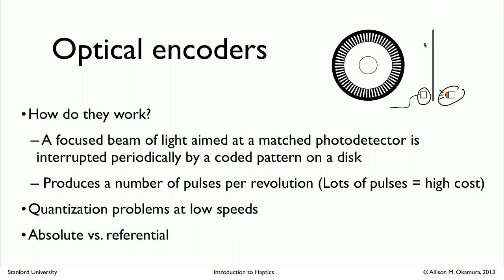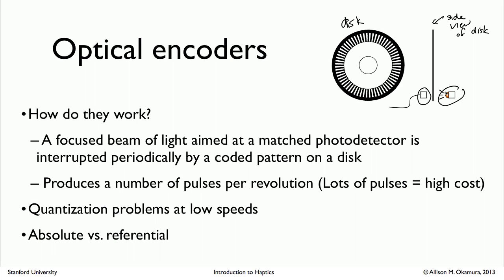And this disc, which we're looking at, this is a side view of the disc here. That's a side view of this disc, which is shown over here. And because there are all of these little patterns on the disc, wherever you see a white patch right there, the light can shine through.